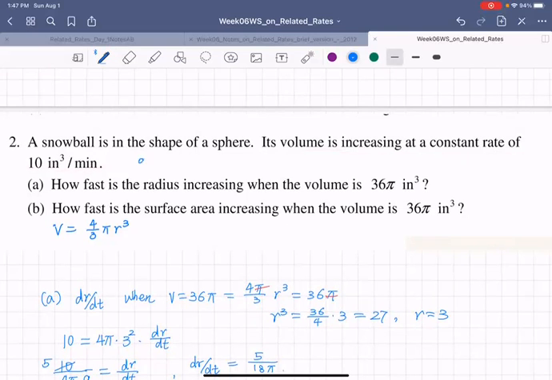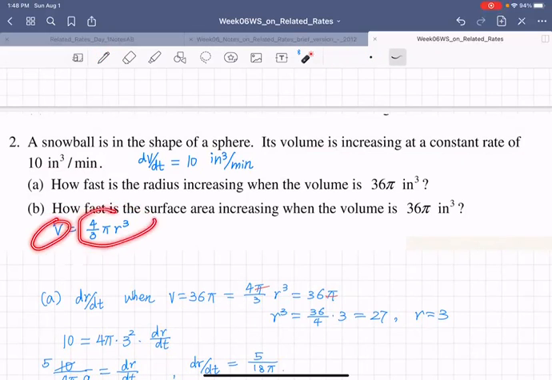Like the change in volume per minute. So it is dV over dt, right? Yes. dV over dt equals to 10. Now you can put the unit here. Now we want to do this guy. We do the related rates for both sides, okay? We do this guy over dt, we do this guy over dt, okay?